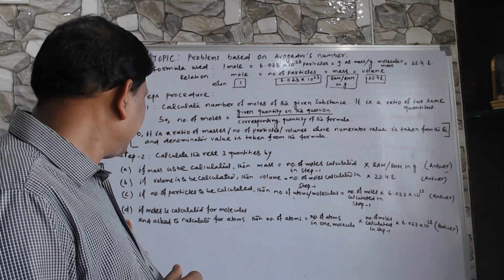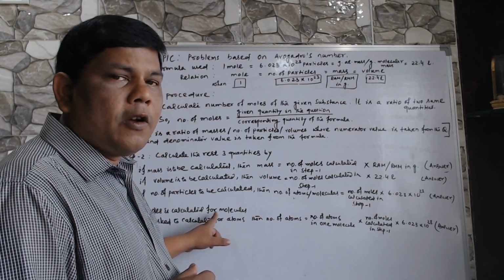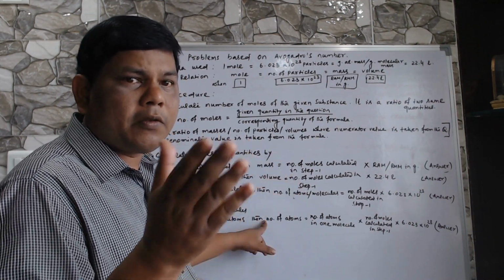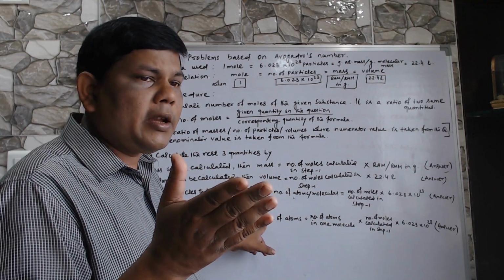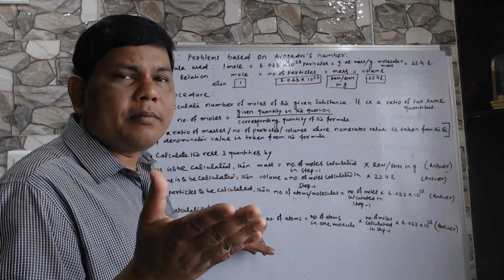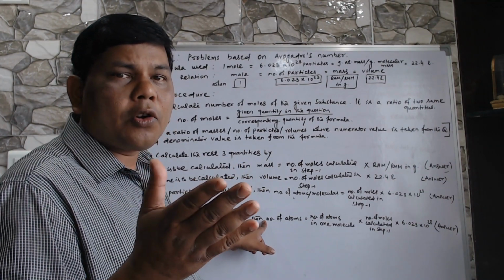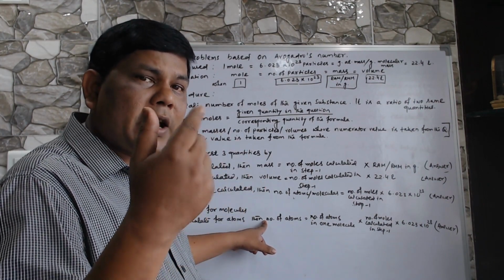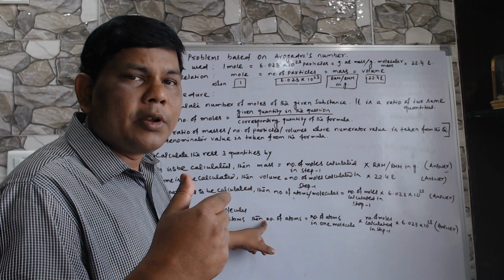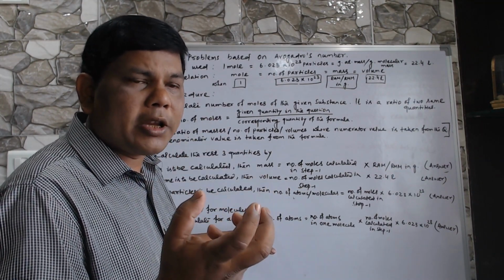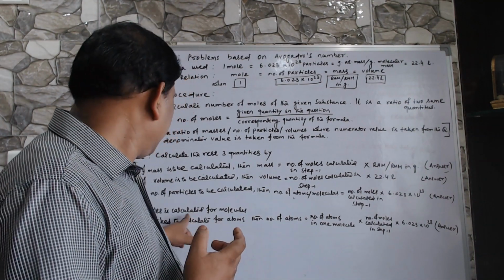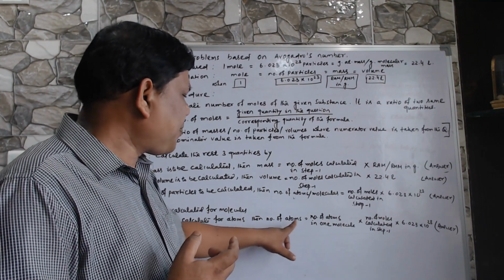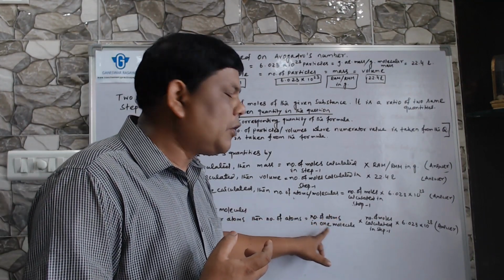Formula D I mentioned here: you can calculate as per the question, maybe the number of moles for an atom or for molecules. If moles is calculated for molecules, then you are able to calculate the number of atoms in that amount of molecule by this formula. If it is asked to calculate for atoms, then the number of atoms equals the number of atoms in one molecule, and so on.